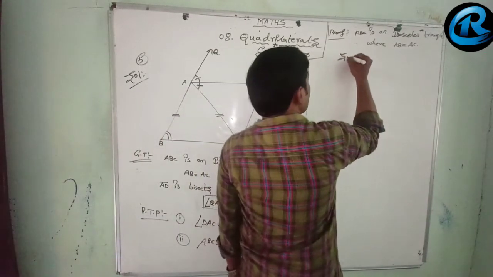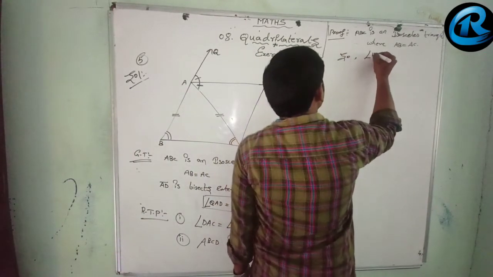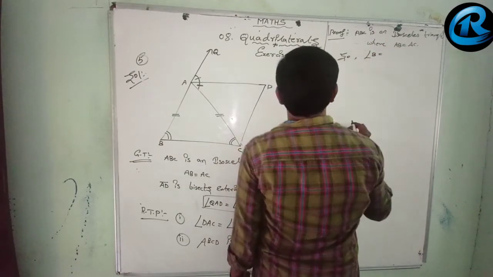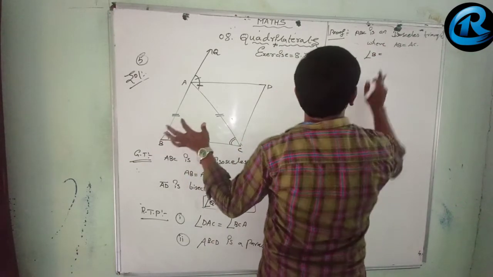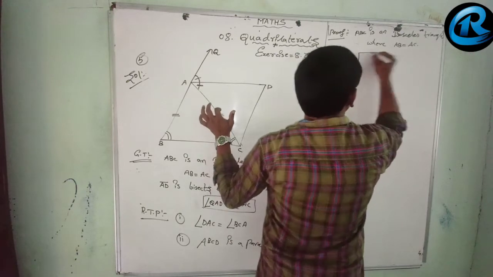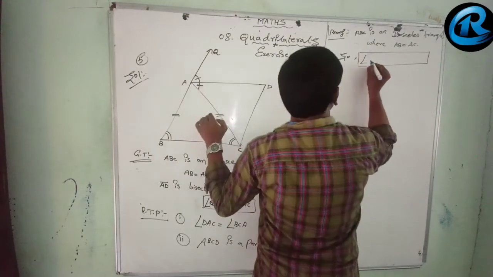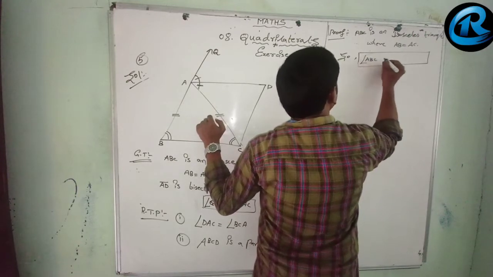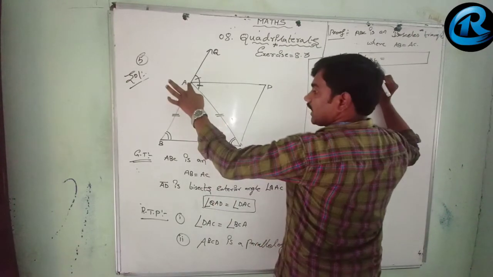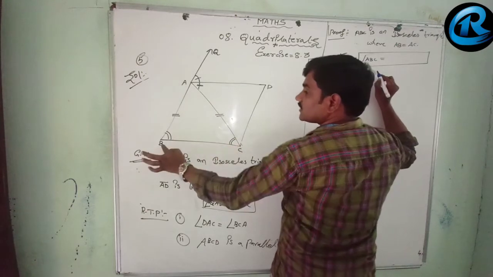So angle ABC, nothing but angle B, is equal to angle ACB.